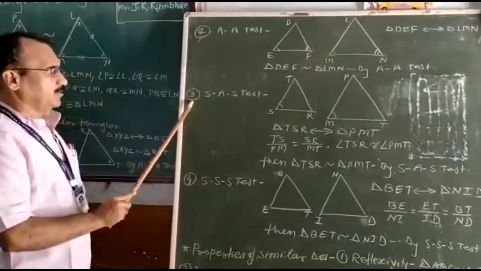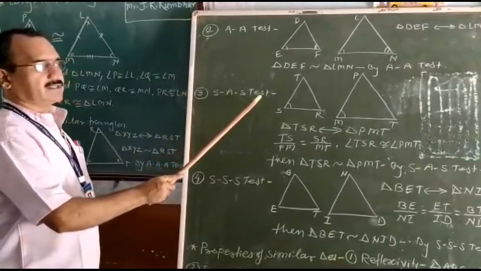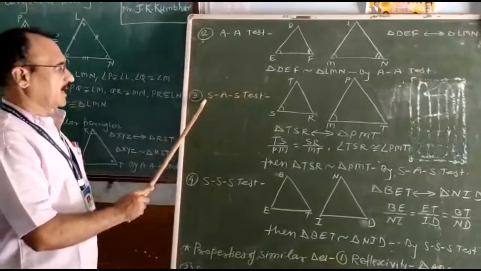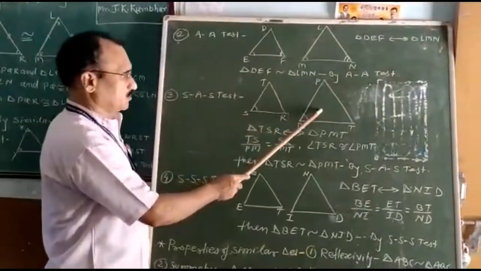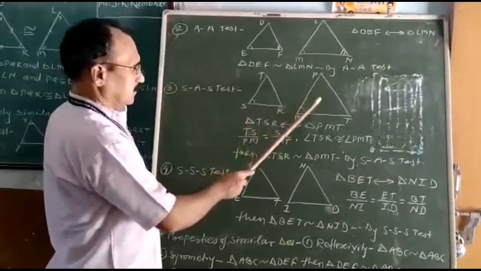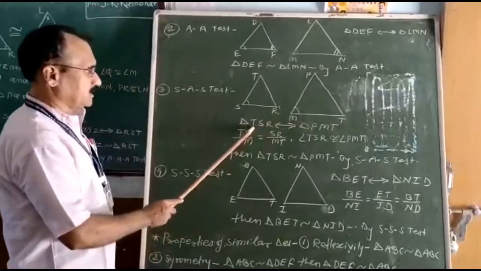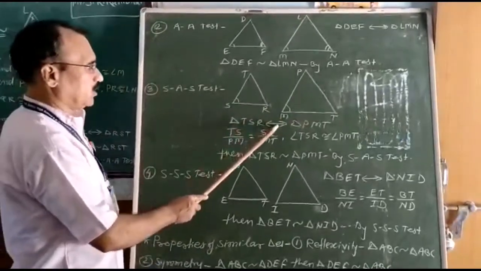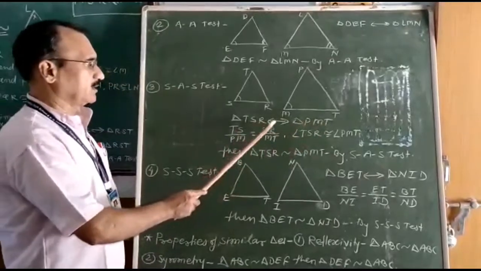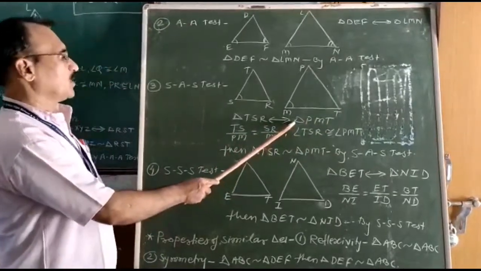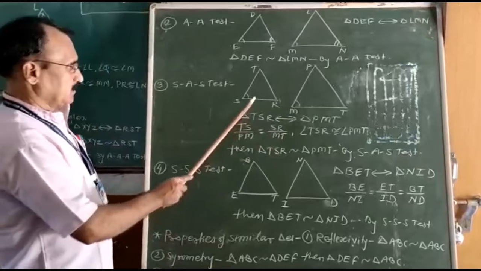Now the third test, see the SAS test, that means side angle side test. Again see these two triangles, according to the one-to-one correspondence triangle TSR to triangle PMT. This is the correspondence of their respective vertices.